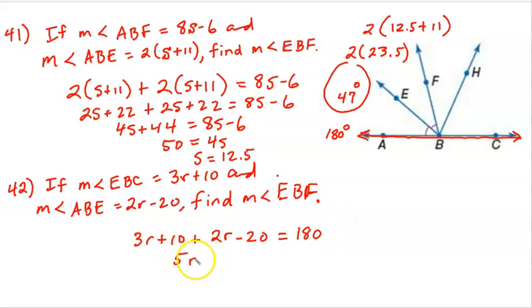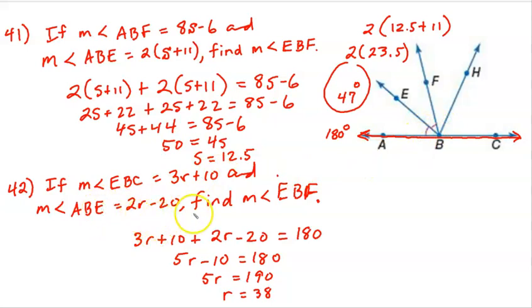Combine like terms, 5r minus 10, add 10 to both sides. So we get r is equal to 38, and it's asking us to find EBF. But they told us what ABE is, and remember, these are congruent, judging by the markings.